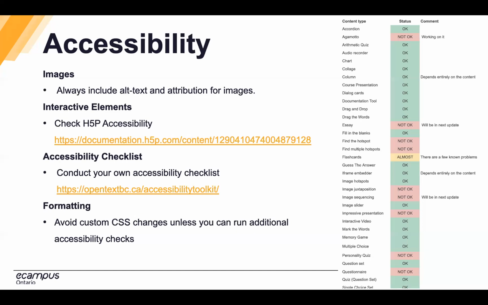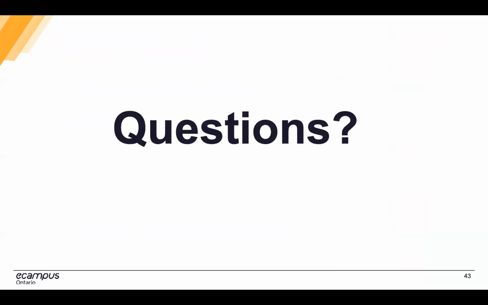So the image on the right here is just from H5P itself, and it's a list of H5P interactive activities and their level of accessibility. So it's an important tool to have, and to make sure that everything in your book is accessible and remains accessible in the future.